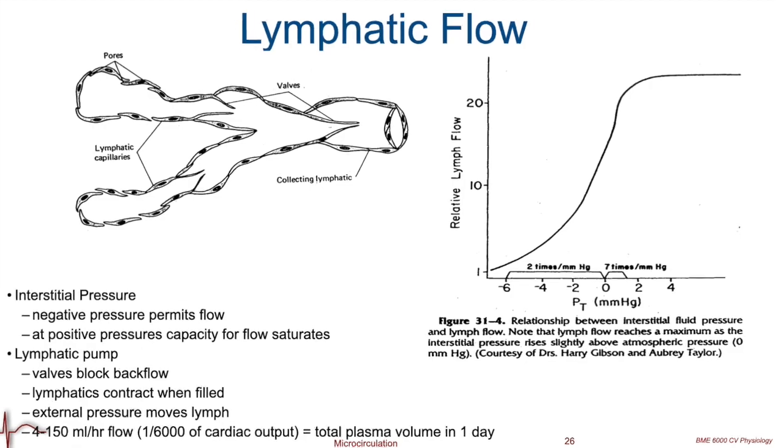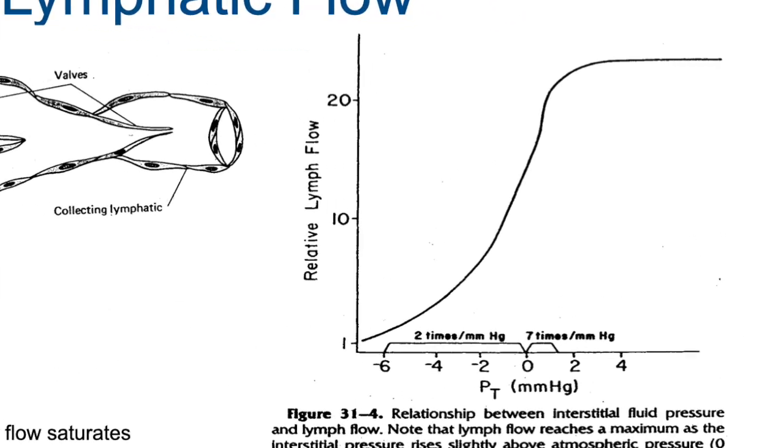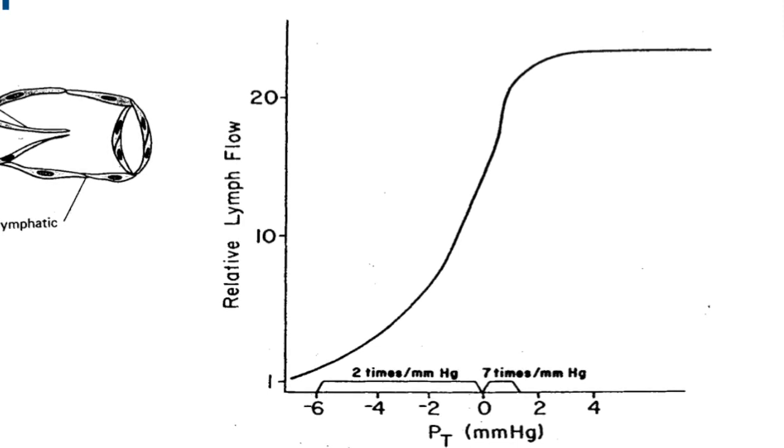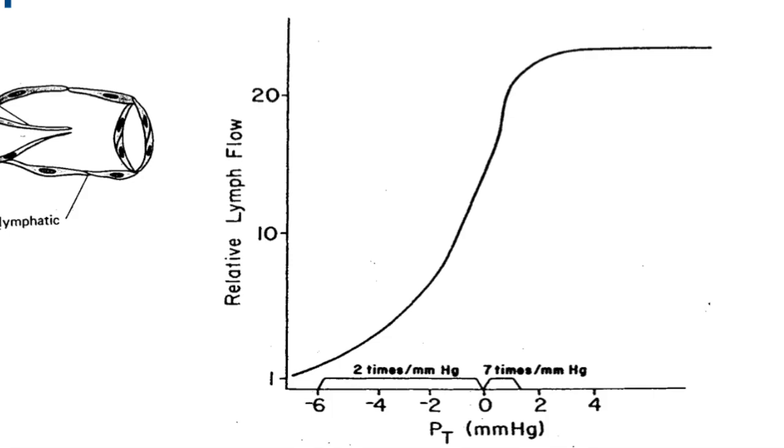But in this figure here, you see that it will increase for relatively small changes in pressure. So this PT here, this is the pressure in that system. And within a small amount of interlymphatic pressure, that system maxes out. So the flow rate quickly goes up to 20 something and then reaches its limit.